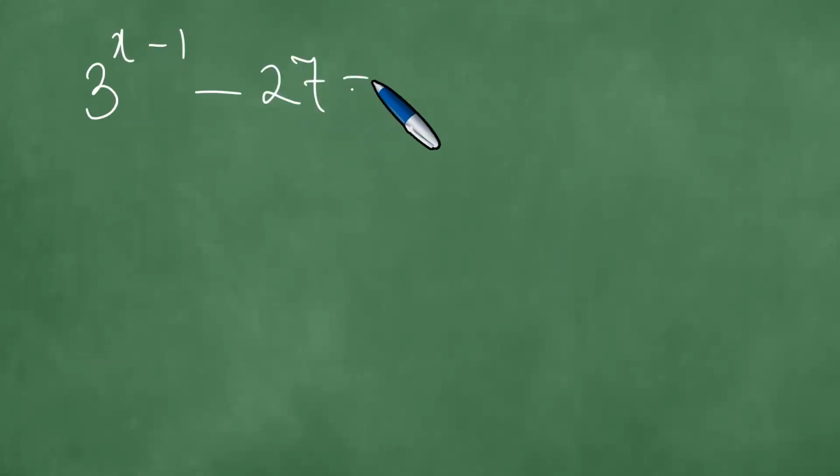Anyone home? Yes, sir, I'm done. What did you do, Rationalize? I took the 27 and turned it into 3 to the power of 3. Well done.